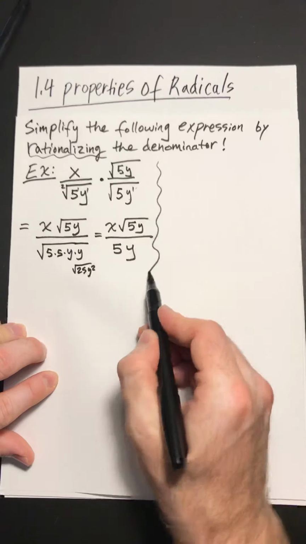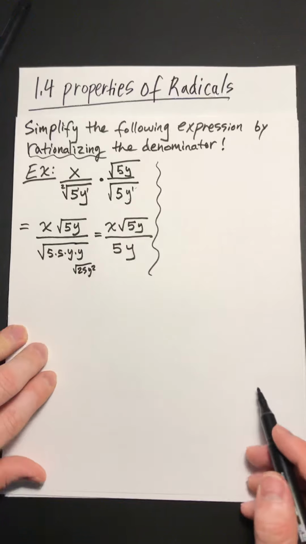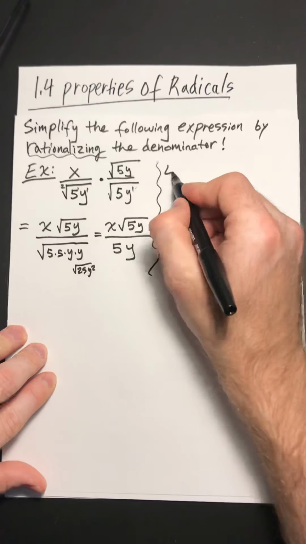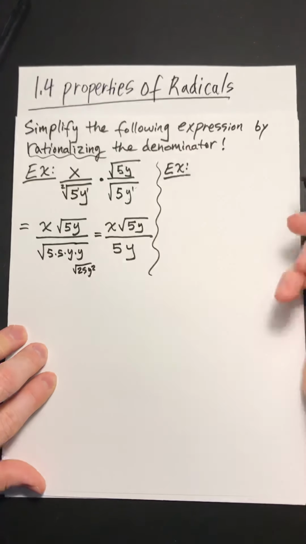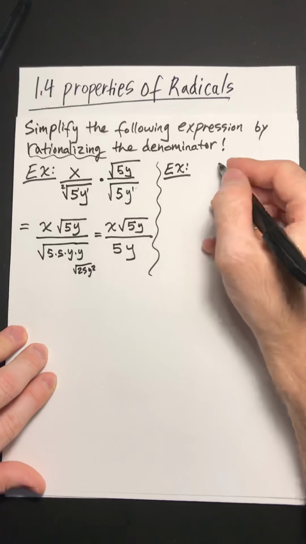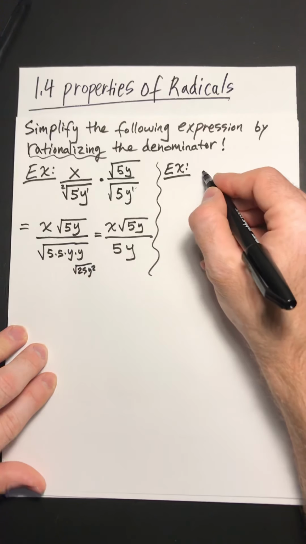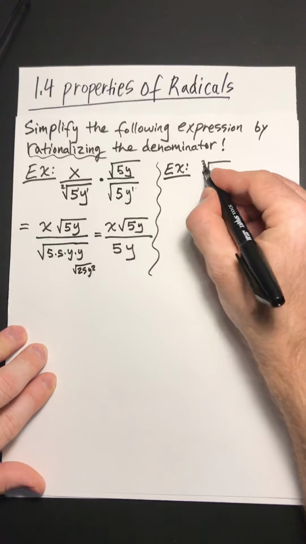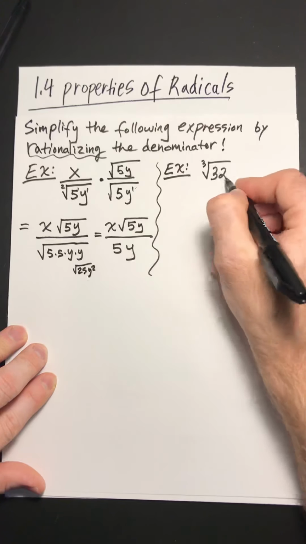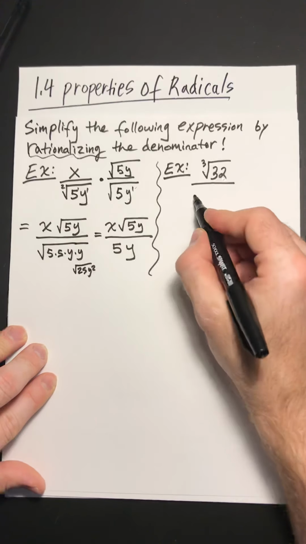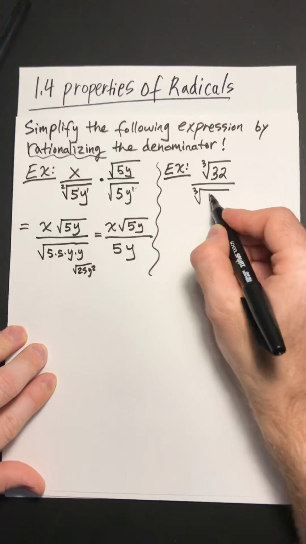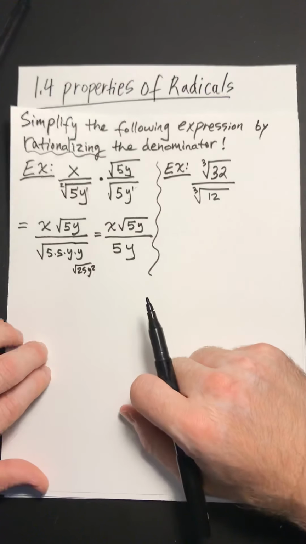All right, let's try another one. This one I think is a little tricky, and that's why I wanted to do this one second. Okay, so say we had the cube root of 32 divided by the cube root of 12. Now, why is this one tricky?